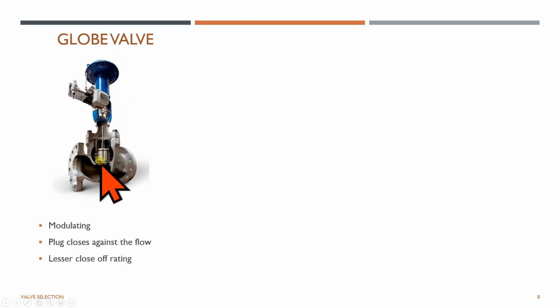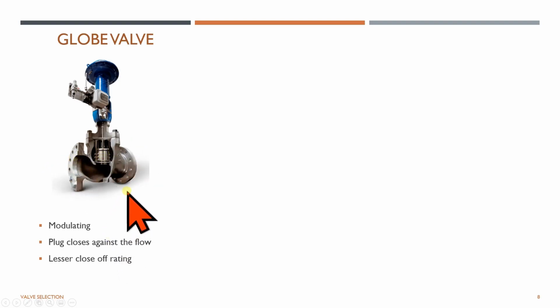So globe valves are specifically used where there are modulating applications where you need to control a temperature with a heating or cooling coil, where you need to modulate the water flowing through the coil. So this is majorly used for modulating applications. As I said earlier, the plug closes against the flow to restrict the flow to the coil.